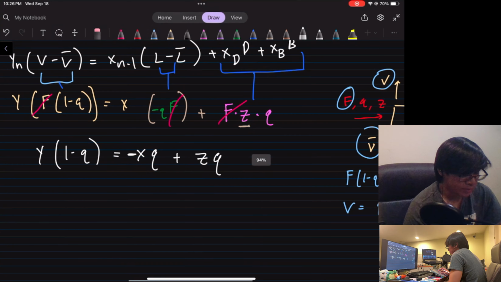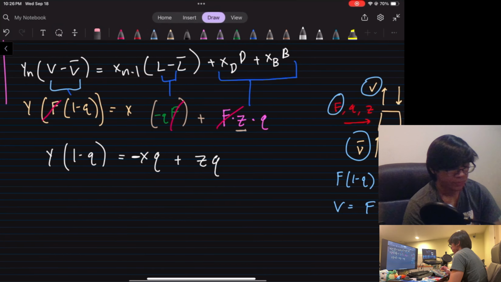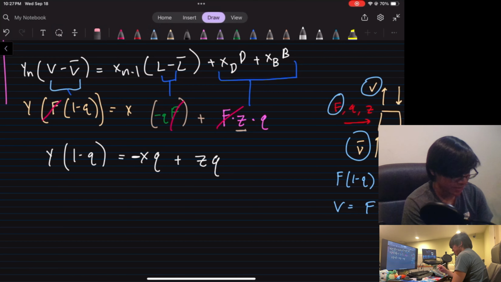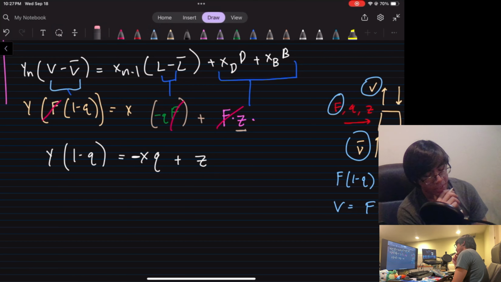I'm sorry. It shouldn't be all liquid, right? Yes, it should. Apologies. So that's actually not all the liquid from the feed because, again, that Q is not just our more volatile component.